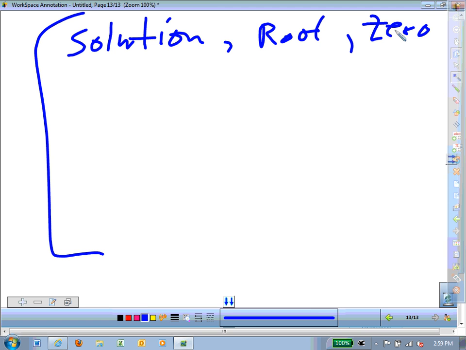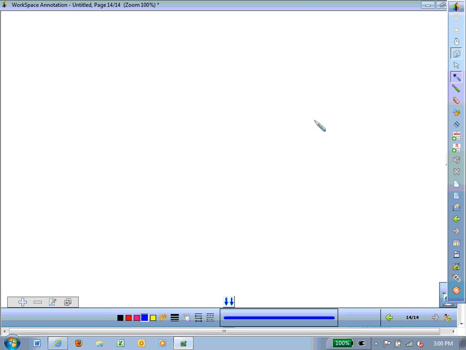So we might interchange those words. So just be aware. Root has to do with square roots, but there's also just any equation. Solutions are also called the roots, whether there's radicals or not.